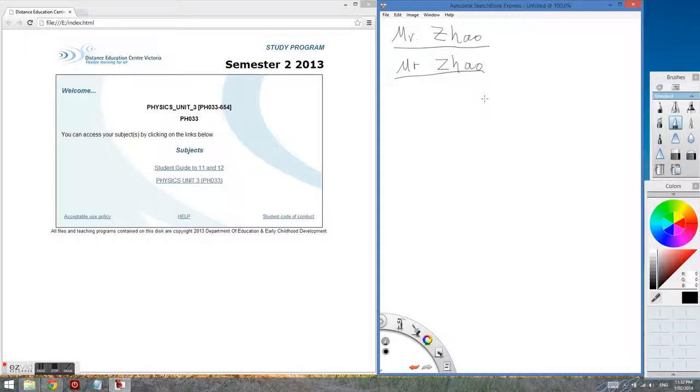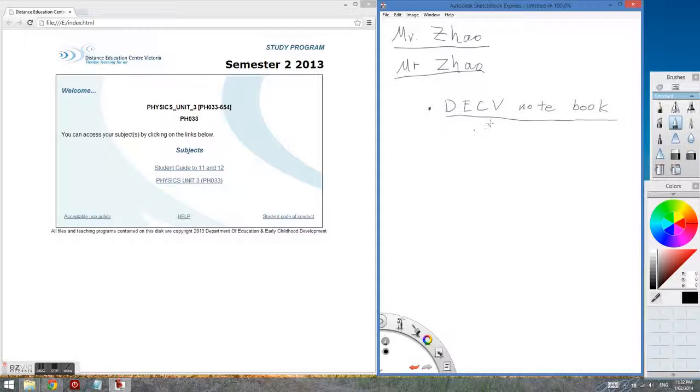Before we start, let's go through the material you should have to get ready for Year 12 physics. The first thing you should have is your distance education center notebook, which is the notebook we posted to you.